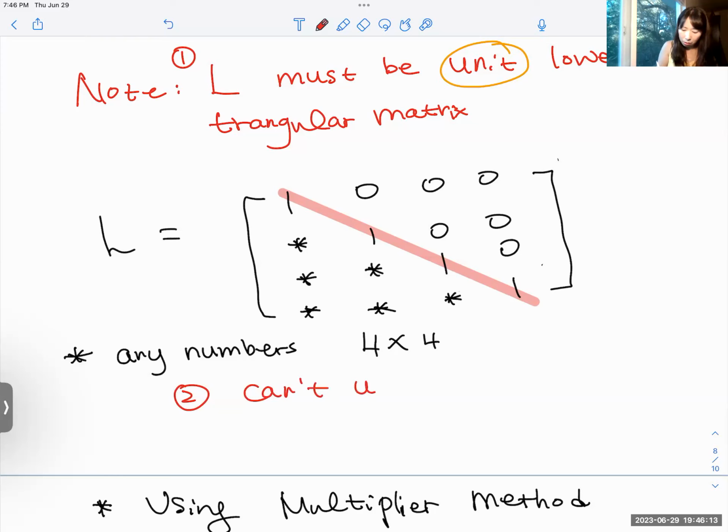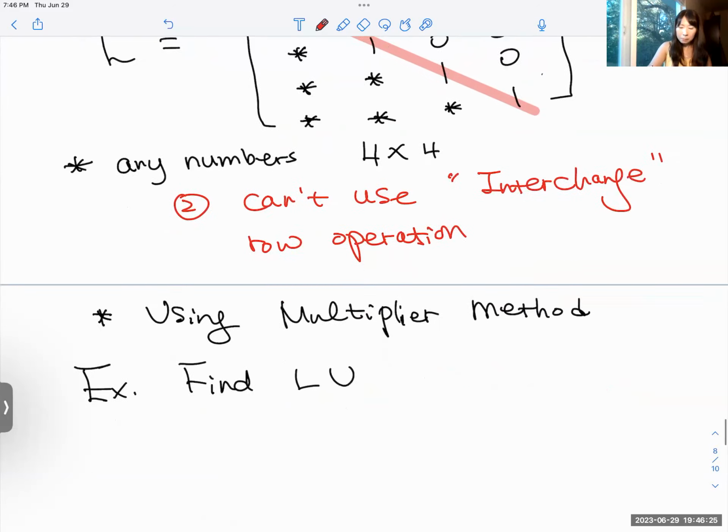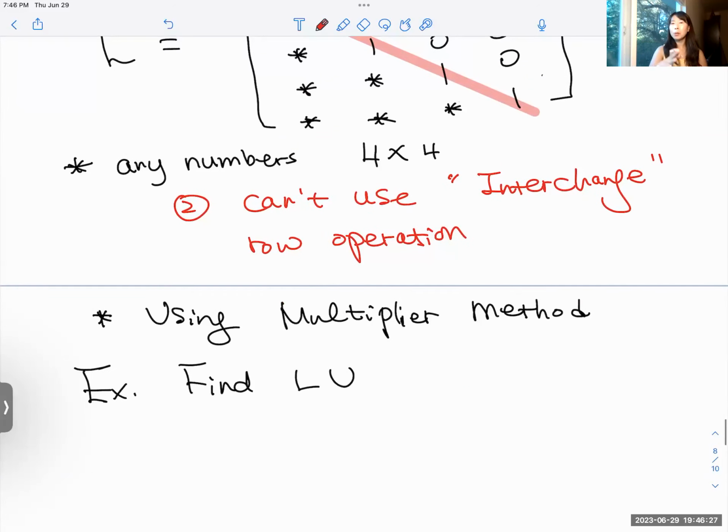We have only multiply by a scalar, or multiply by a scalar and add to another row.